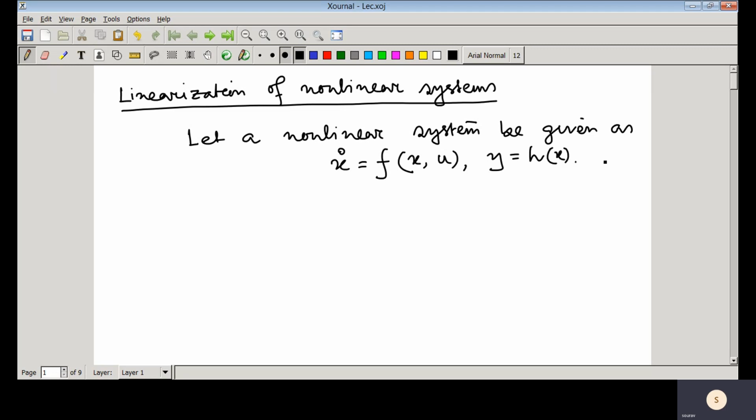And here we assume that this function f and this h are smooth nonlinearities. That means they are differentiable.